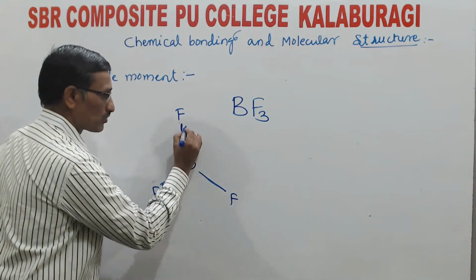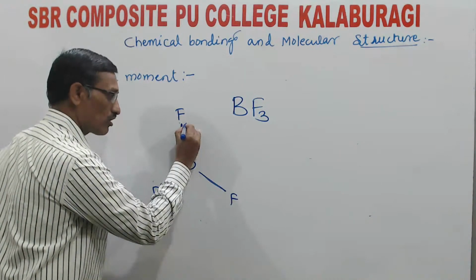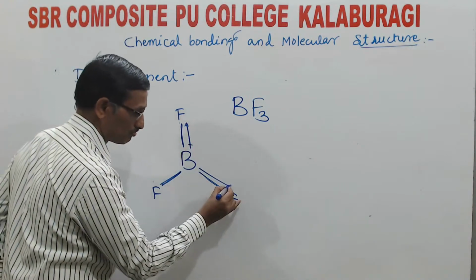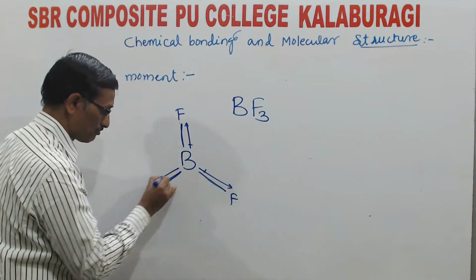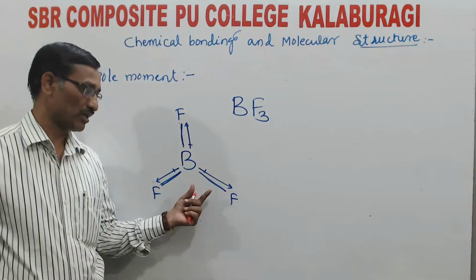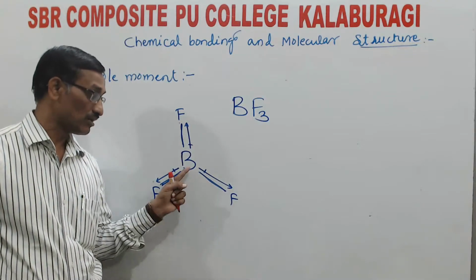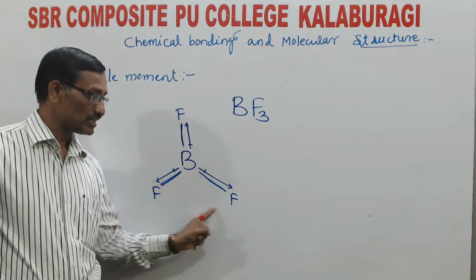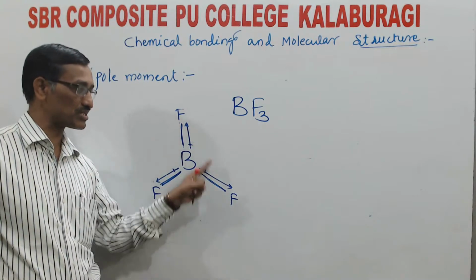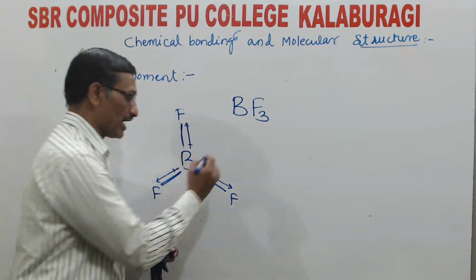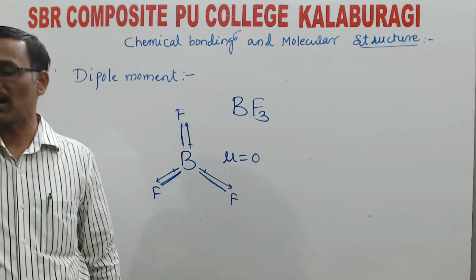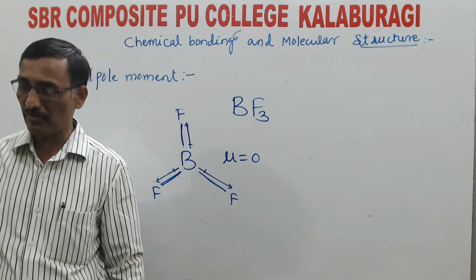Fluorine seems to be more electronegative. Because of its symmetrical arrangement, similar atoms are bonded around the central atom. Hence, because of the symmetrical arrangement, the dipole moment value is 0 for boron trifluoride. You have to remember that.